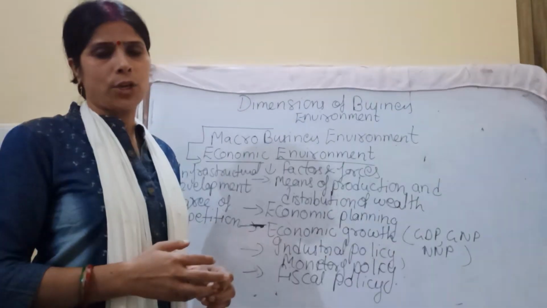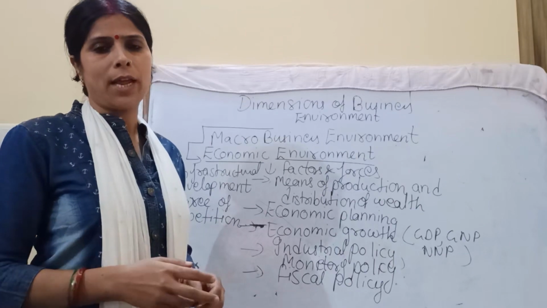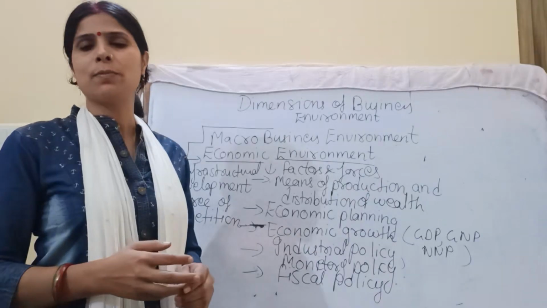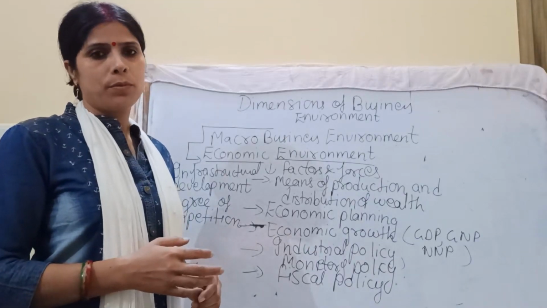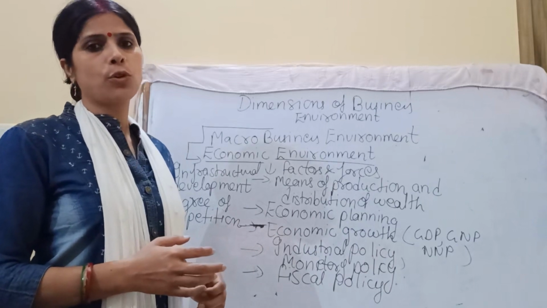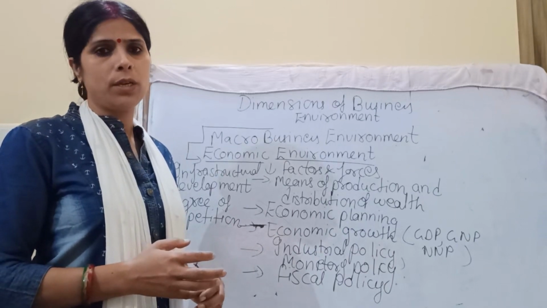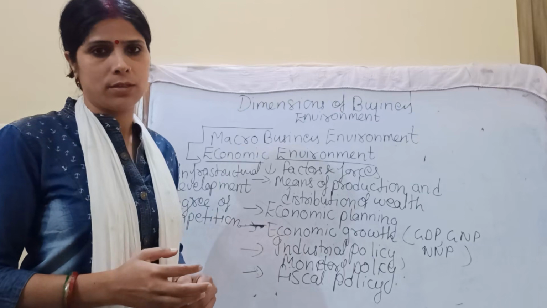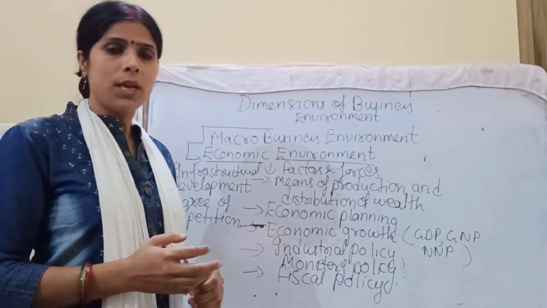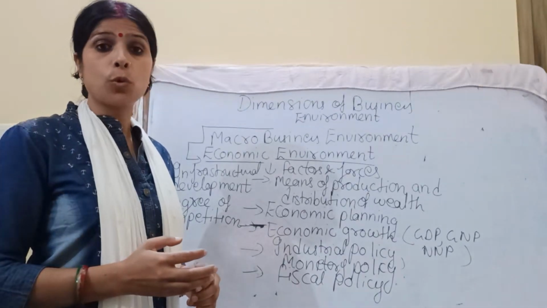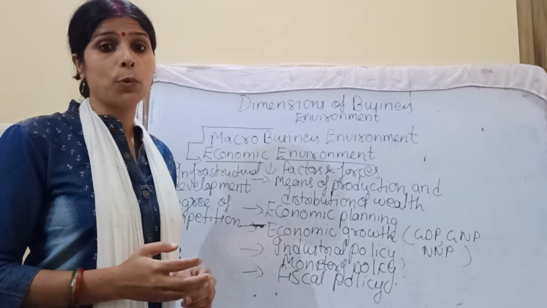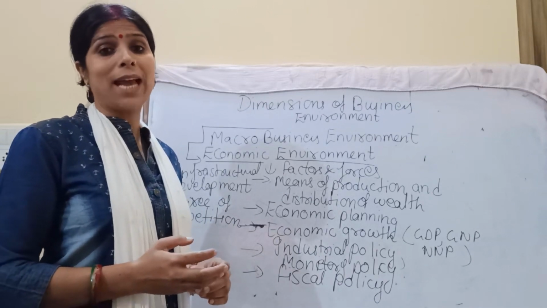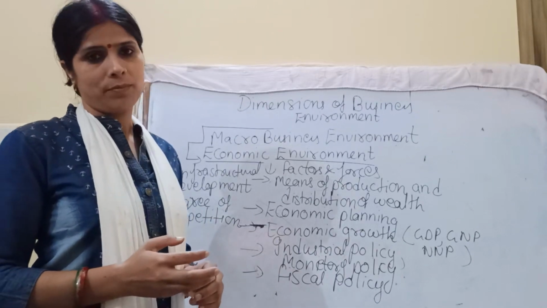RBI Governor Shaktikanta Das made certain announcements three days back that a 50,000 crore investment is going to be made in the financial sectors, so that the liquidity situation can be maintained.